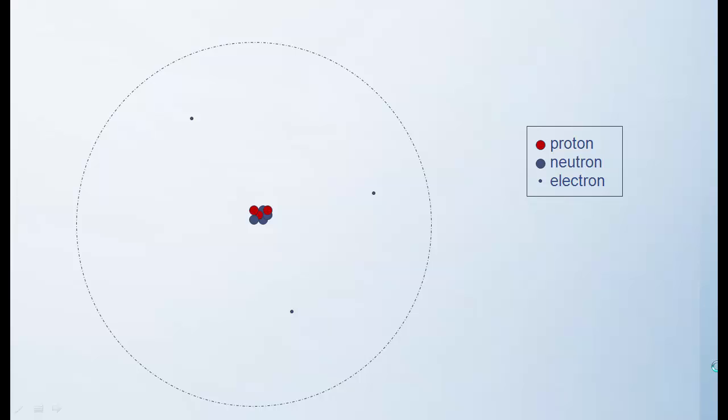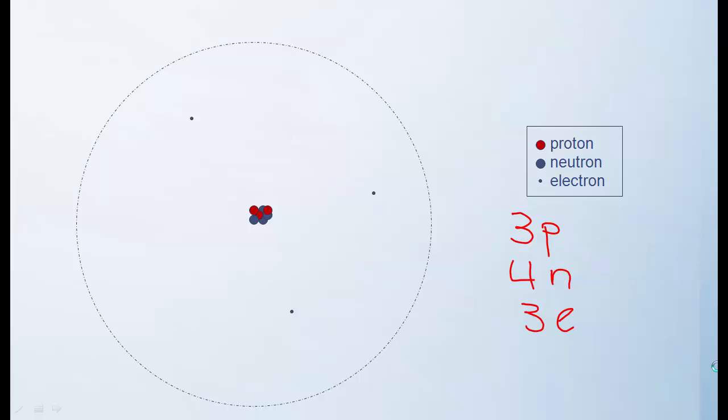This atom is of a different type. It has 3 protons, 4 neutrons, if you count them. Could be obscured a little bit. 3 electrons. So this is also a neutral atom. The protons equal the number of electrons. And notice that this is not a helium atom because it has 3 protons instead of 2.